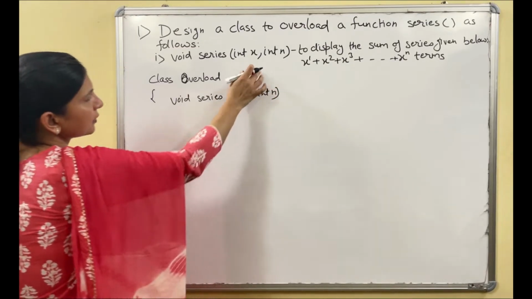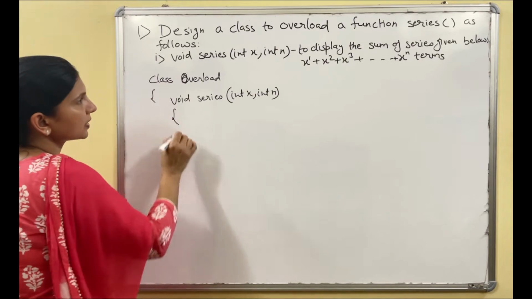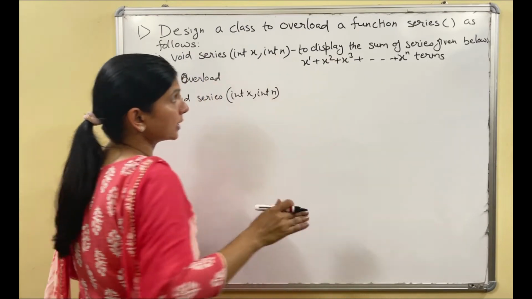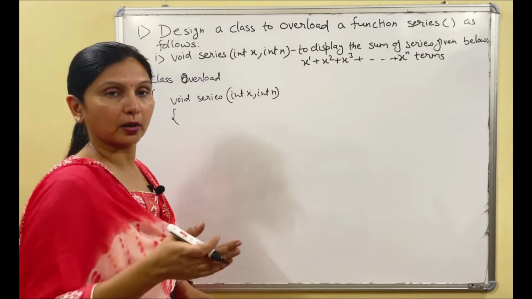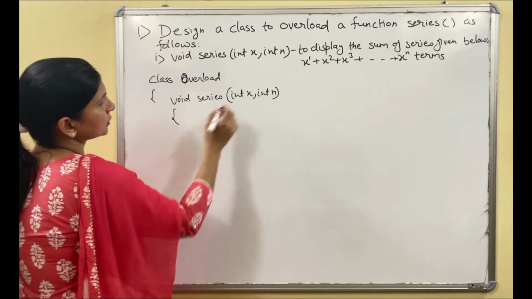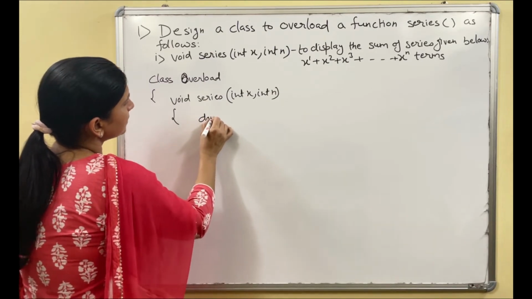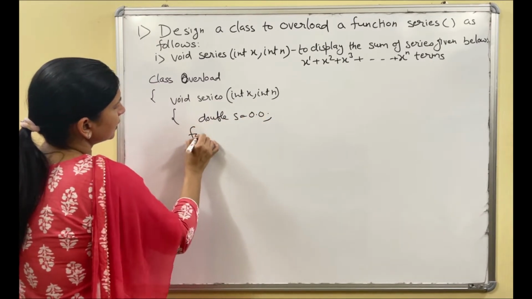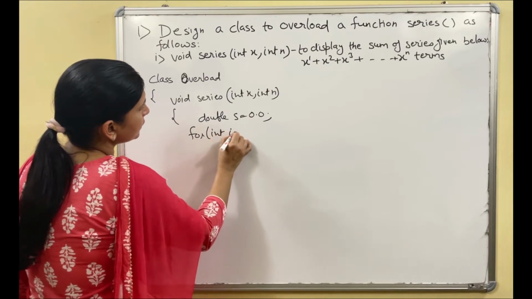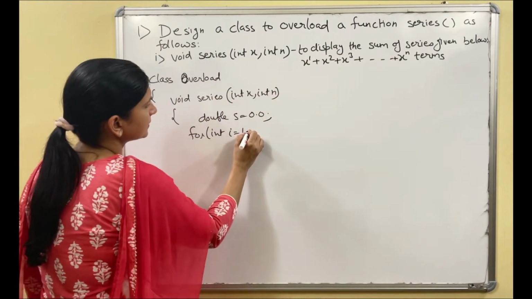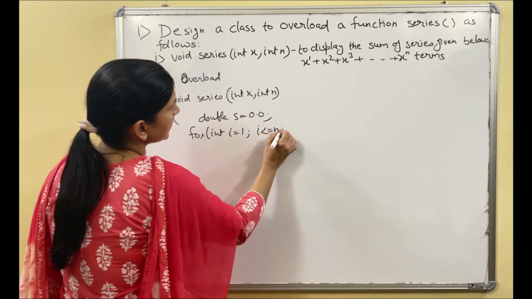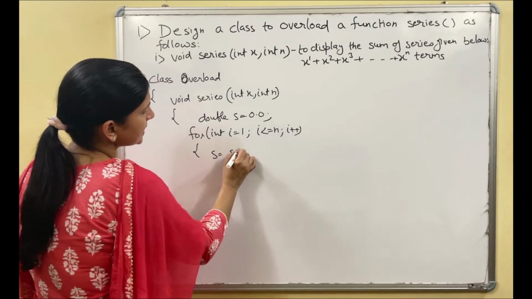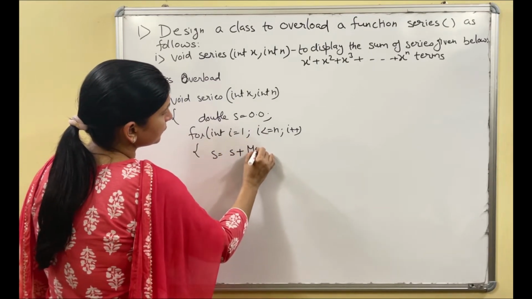Whatever is given in the question, you will write as it is. And in this function, we need to find out the sum of this series. Simple series, x raised to power 1 plus x raised to power 2. And for raised to power, we use the power function. To find out the sum, we will take a variable of double type, double s equals 0.0. Then for int i equals 1, i less than equals n, i plus plus, s equals s plus Math.pow(x, i).